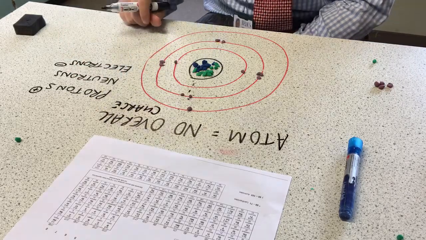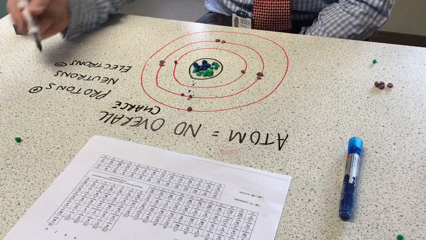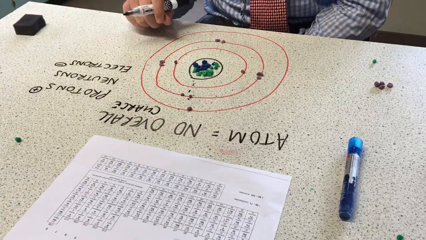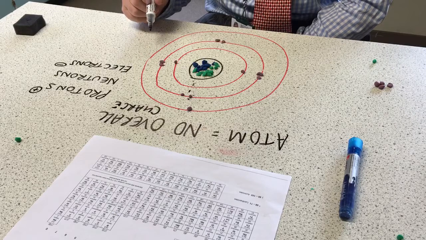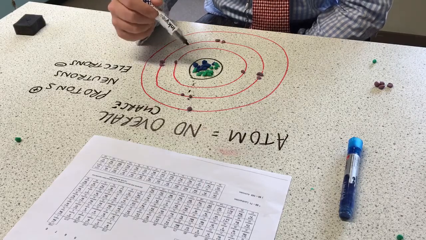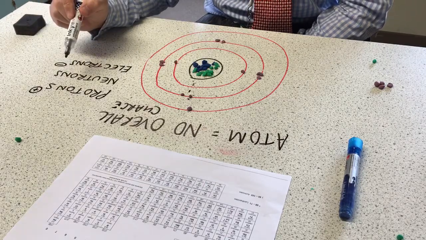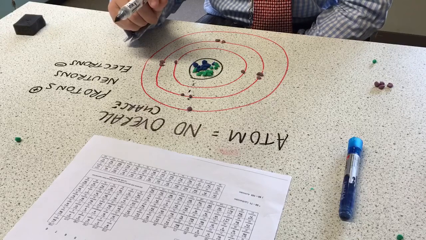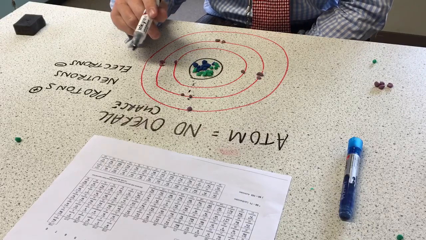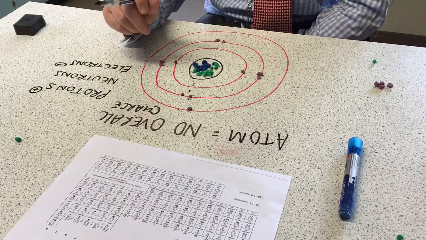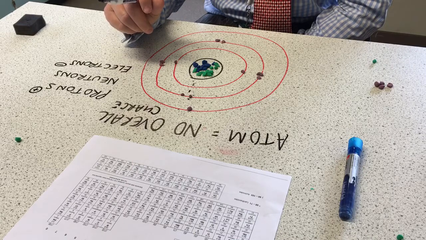And if there's no overall charge, then the pluses must equal the minuses. So in sodium, if we have 11 protons, which are 11 pluses, then we must have 11 minuses. And that's how we know that the number of protons is the same as the number of electrons.